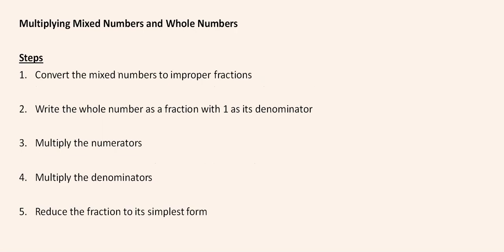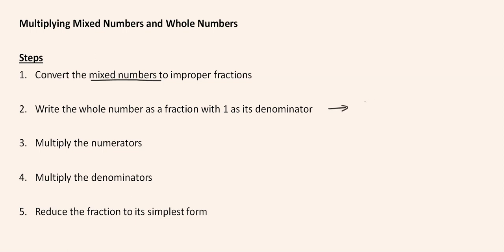Now, here are the steps that we need to follow to multiply mixed numbers by whole numbers. We're going to convert the mixed numbers to improper fractions first, and then we will write the whole number as an improper fraction with 1 as its denominator. So let's try an example here.